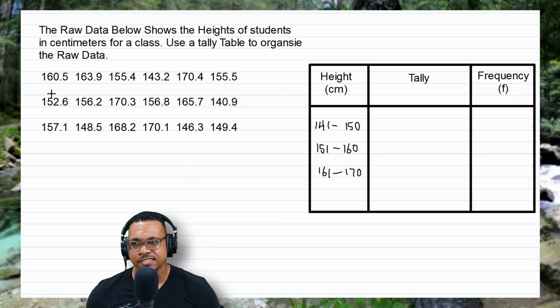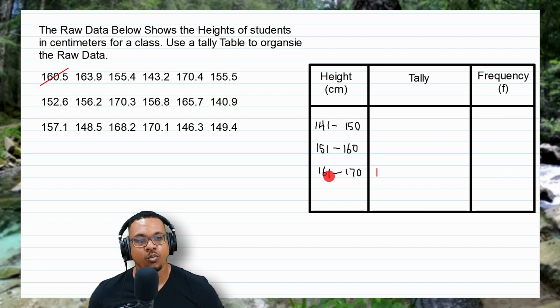So now let's do the tally table. So 160.5, we come here. This class interval 151 to 160 will take up to 160.4999. So it would not come into this class interval, but it will go into the one 161 to 170, because this would start at 0.5 less than 161, which is 160.5. So I'm going to put the stroke here, and not in this class interval, because this ends at 160.4999.